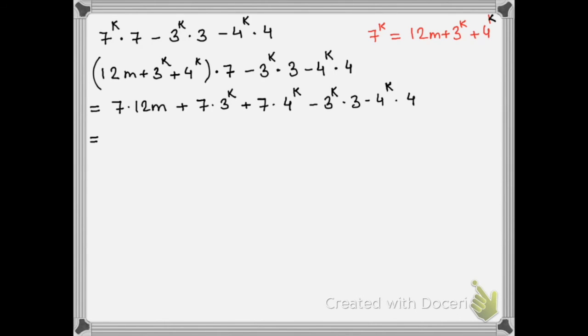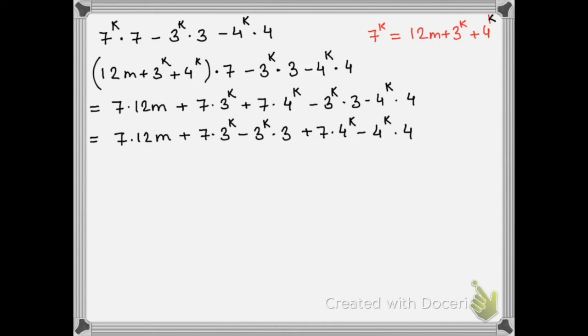I'm going to rearrange this equation so that I have all the 3 to the power of k on one side and all the 4 to the power of k on one side. So I have 7 times 3 to the power of k minus 3 to the power of k times 3 plus 7 times 4 to the power of k minus 4 to the power of k times 4. Now, if you notice, I have 3 to the power of k, which is being multiplied by another number, and then I have again 3 to the power of k, which is again being multiplied by another number.